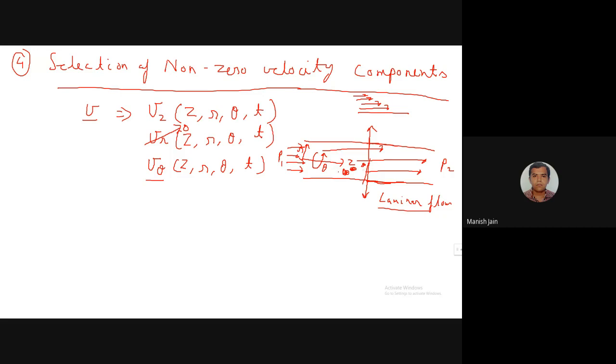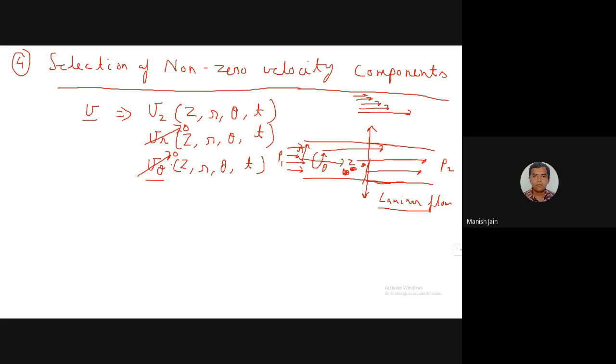But in the laminar flow region, because flow is very slow and systematic, and the driving force occurs in the z direction only, d theta will be zero. You have to select which components are zero and which are not, based on the assumption and your intuition.